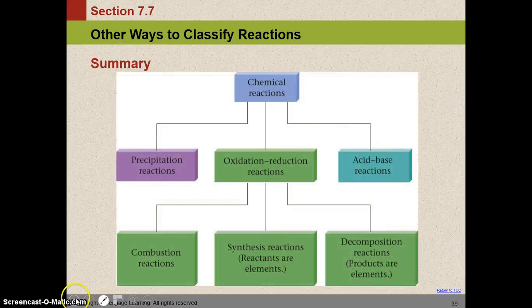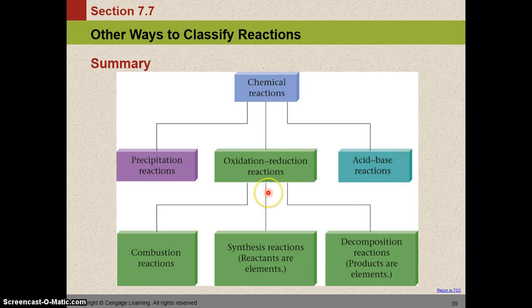So if we take a look at this overall picture, we see that we can take chemical reactions and we can identify them as precipitation, as oxidation-reduction, or as acid-base reactions. If they are precipitation or acid-base reactions, you can stop there. You don't have to classify them any further unless you're going to classify them as double displacement reactions, which we expect both of these to be.